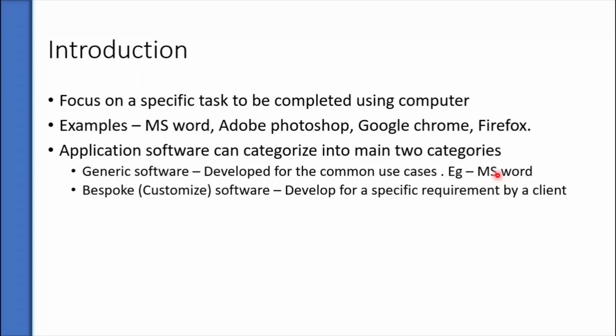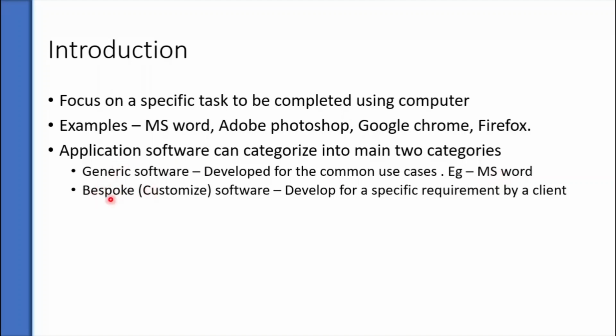There are a lot of software like Microsoft Word, Photoshop, Google Chrome, even Firefox. Everything was developed not with a specific person in mind, but with the mind of supporting everyone, or the majority, nearly 90 or 99 percent.